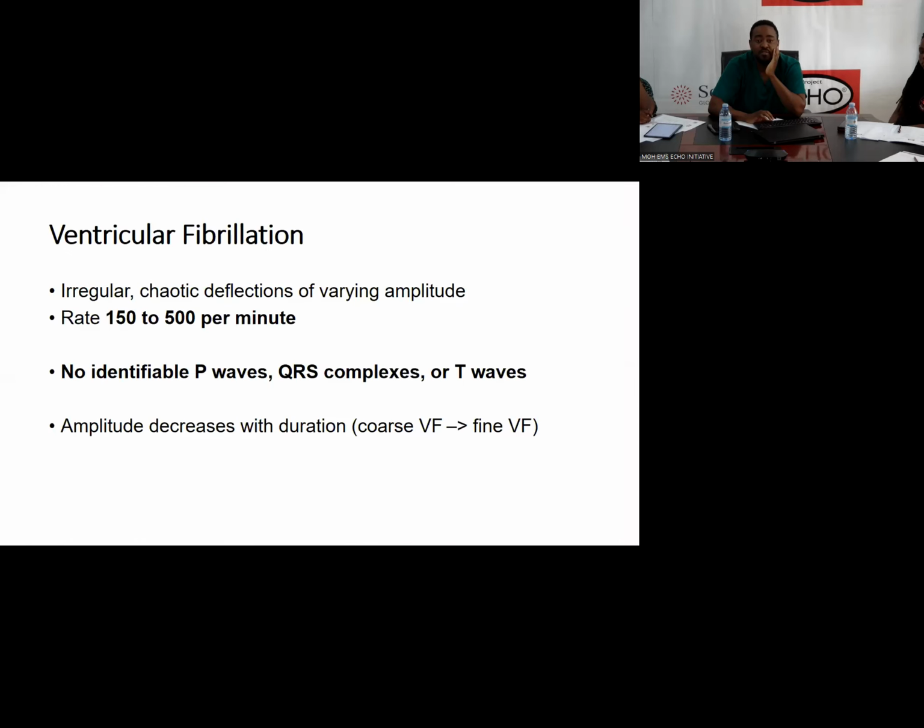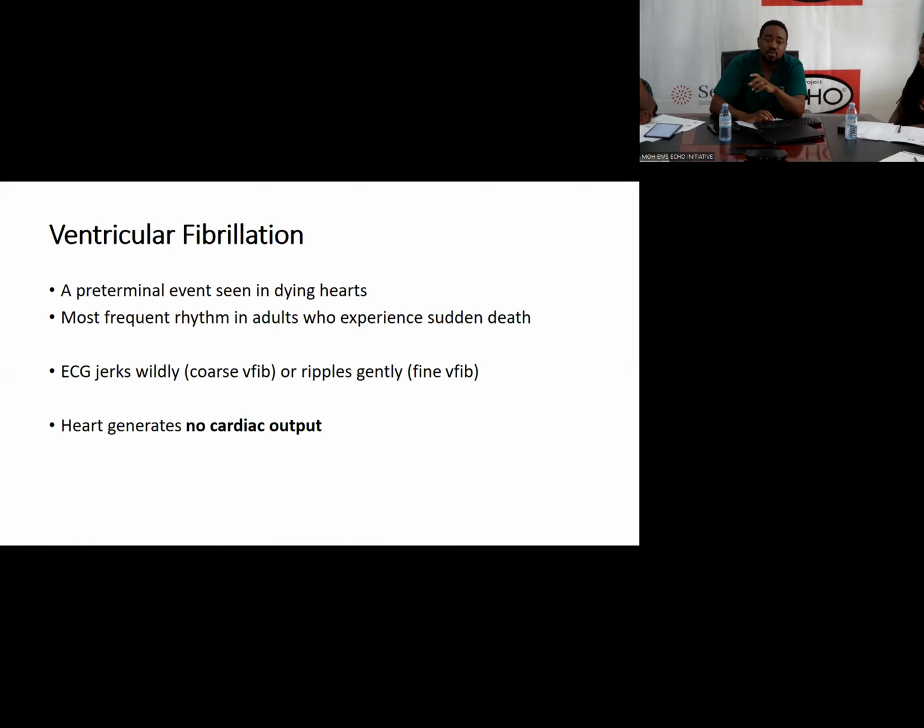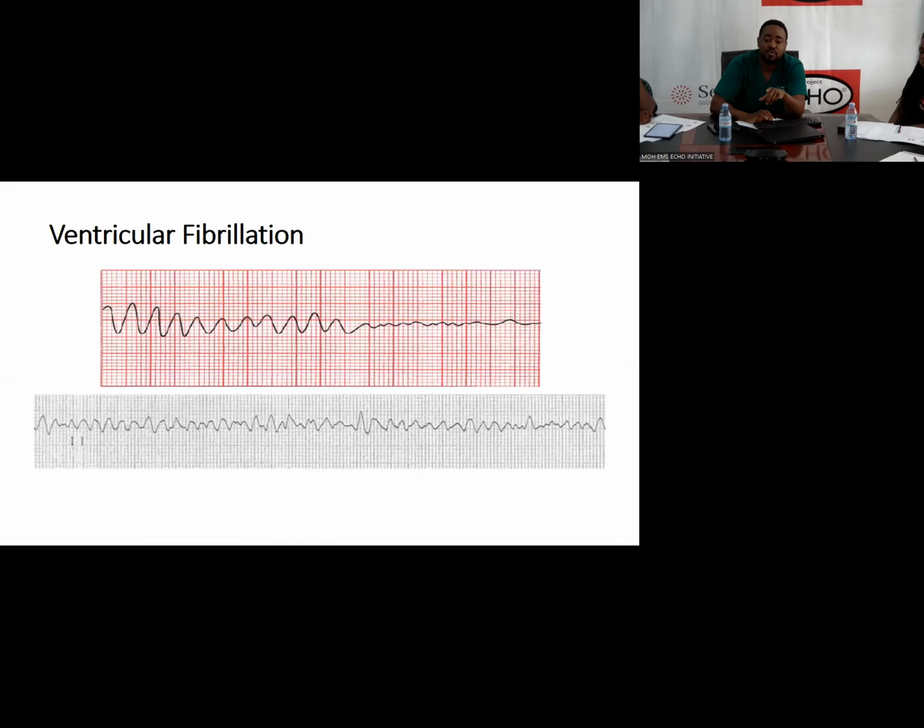Then ventricular fibrillation, also quite common. It resembles what happens in AFib, but this time it's arising from the ventricles. So it's just chaotic bits of the ventricles, and because it's arising from the ventricles, it will be wide. And because it's chaotic like AFib, there will be no clear baseline of the QRS complex.